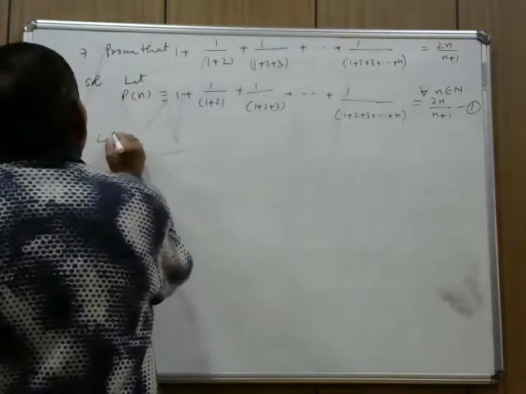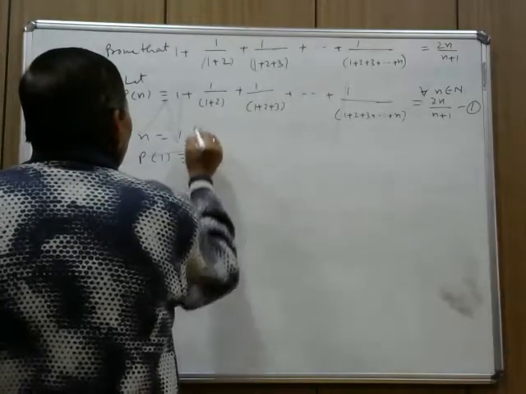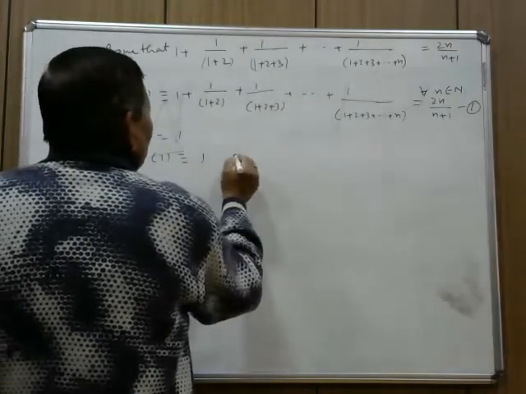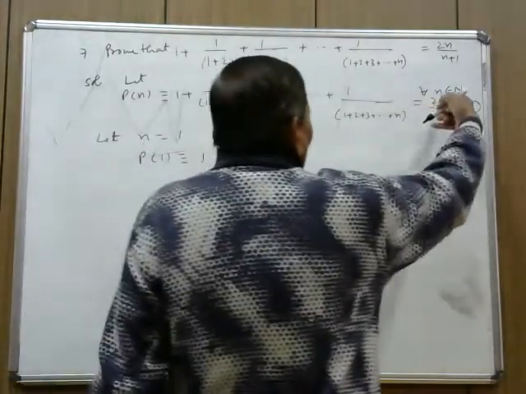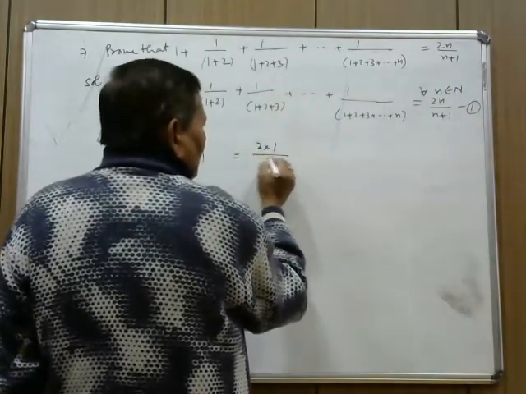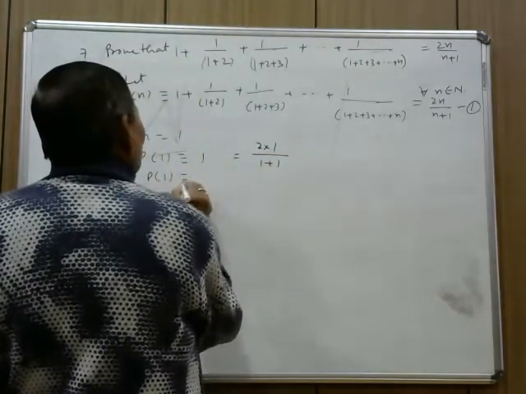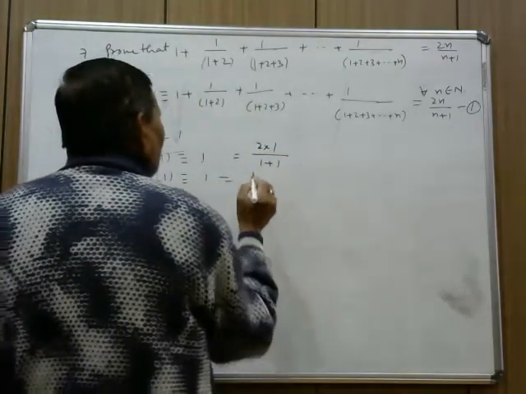Let n equal 1. So your P1 is the value of the first term, it is 1. That is equal to, when you substitute n equals 1 on the right hand side in the sum, 2 into 1 upon 1 plus 1. This implies that P1 equals 1 equals 1.